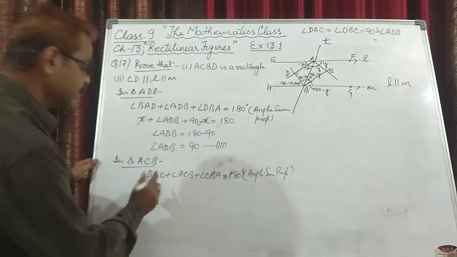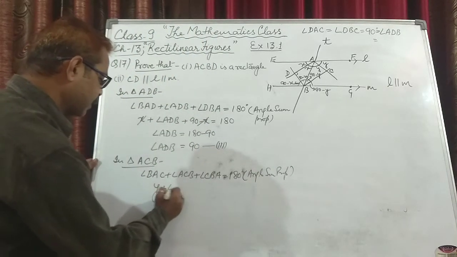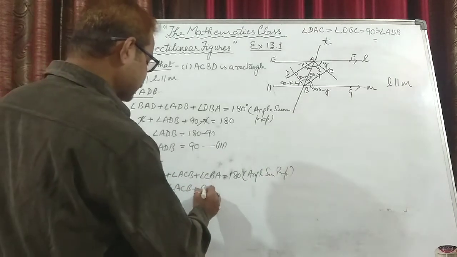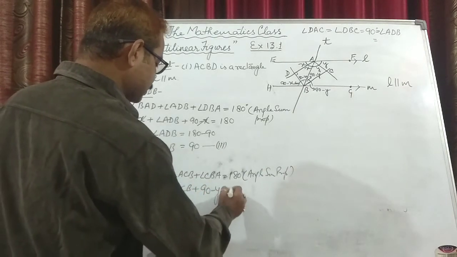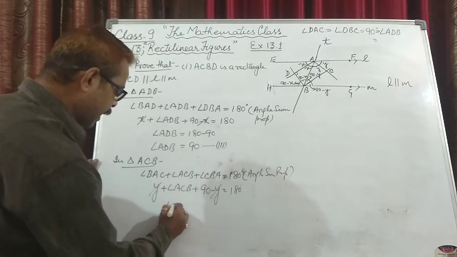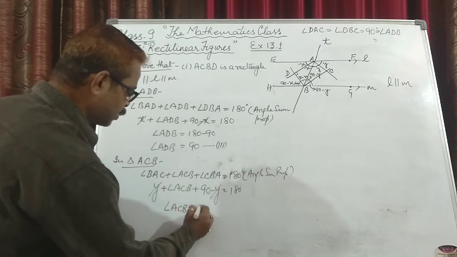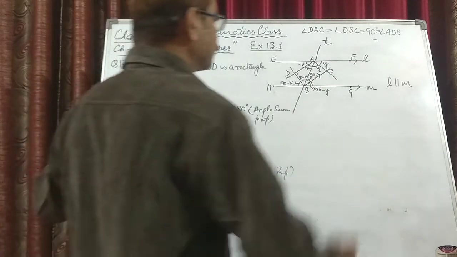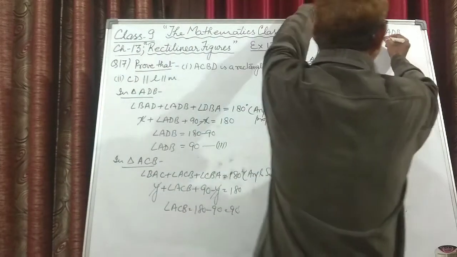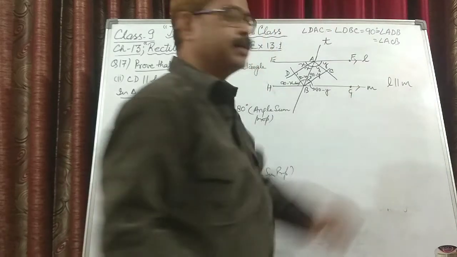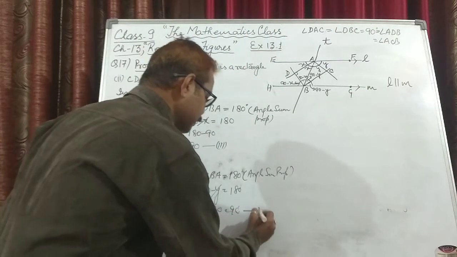Now angle BAC is y, angle ACB we don't know, and angle CBA is 90 minus y, is equal to 180 degrees. Y plus and minus cancel. Angle ACB is equal to 180 minus 90, that is 90 degrees. Now we have proved that angle ACB is also 90 degrees. This is equation number 4.